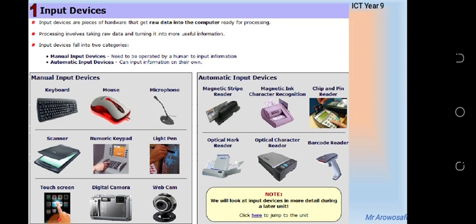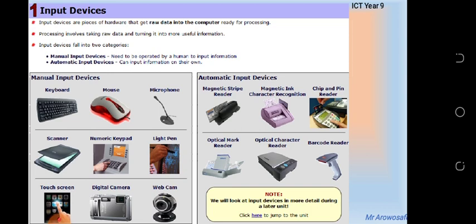And don't forget that the means or way of presenting or entering data into the computer system is what is called inputting. And the devices used are called input devices.